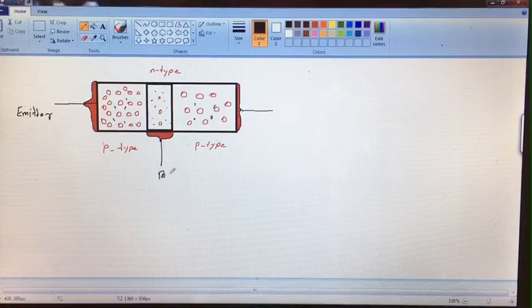This is base. This is collector. This is our PNP, bipolar junction transistor.